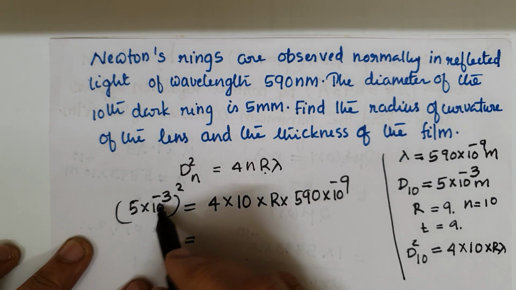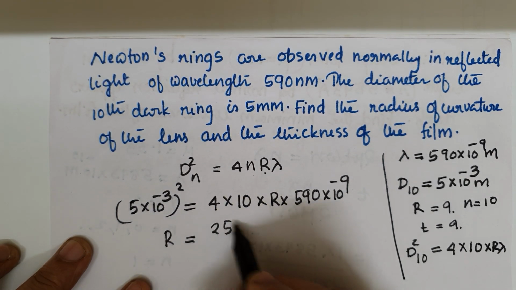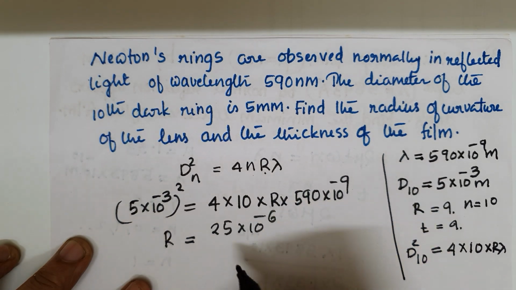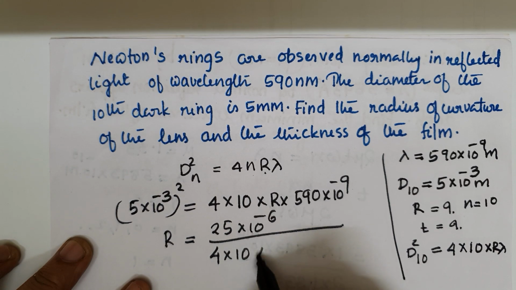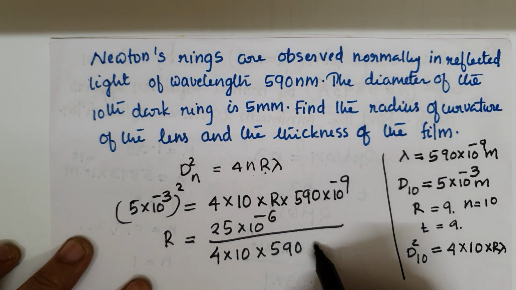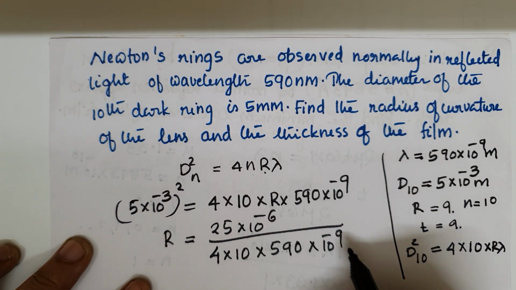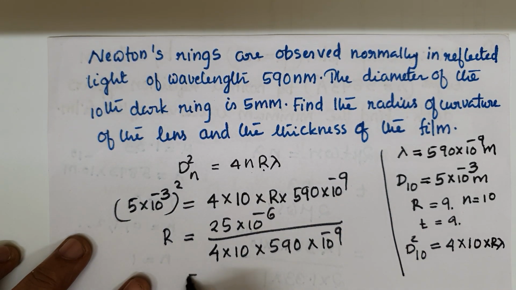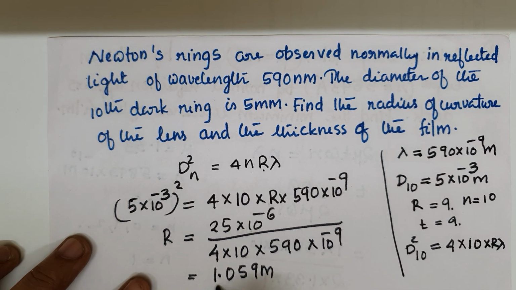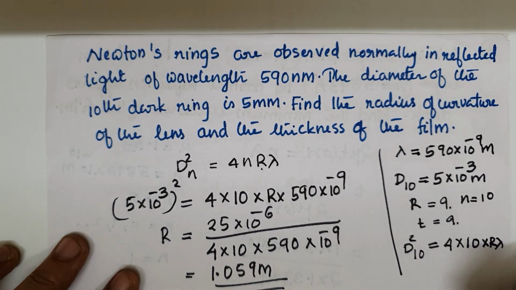It is equal to, this square means 25 into 10 raised to minus 6, divided by 4 into 10 into 590 into 10 raised to minus 9. That will give about 1.059 meter. This is the radius of curvature.